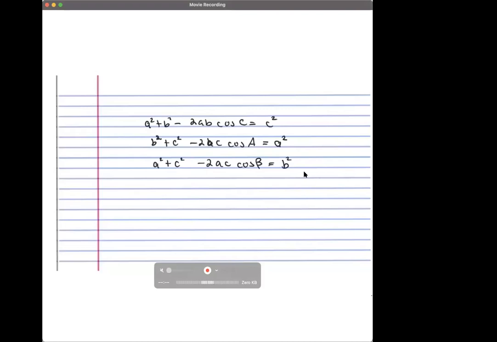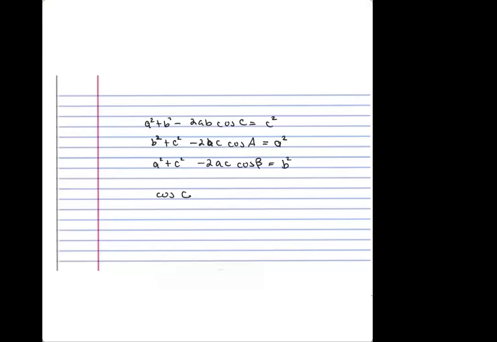That's the case where you're solving for a side. The other case is when you're solving for an angle: you would subtract the c squared, move it over to the other side, move the 2ab over, and then divide by 2ab. So this is what it looks like if you're solving for an angle. Cosine of C is going to be a squared plus b squared minus c squared all over 2ab.